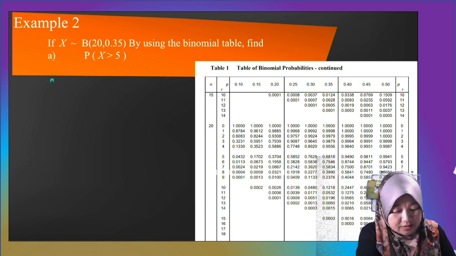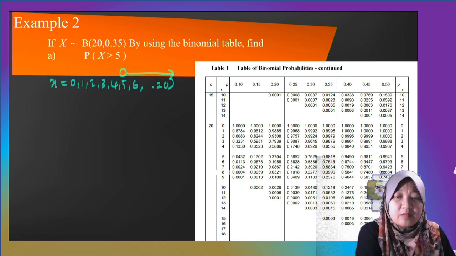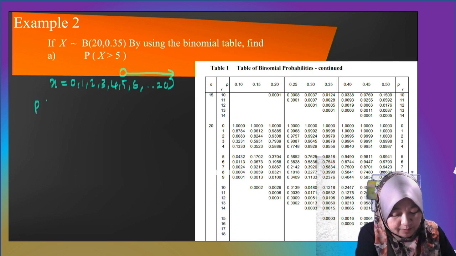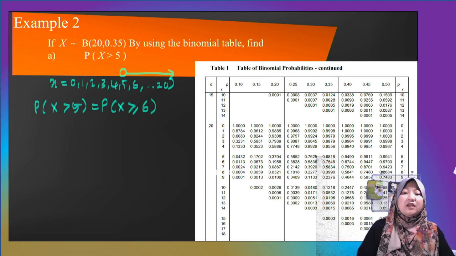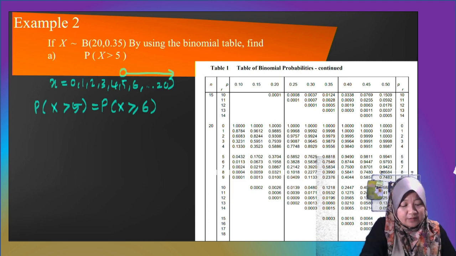Kita tahu X is 0, 1, 2, 3, 4, 5, 6 until 20. So, X greater than 5 tidak termasuk 5, bermaksud dia adalah probability X greater than or equal to 6.